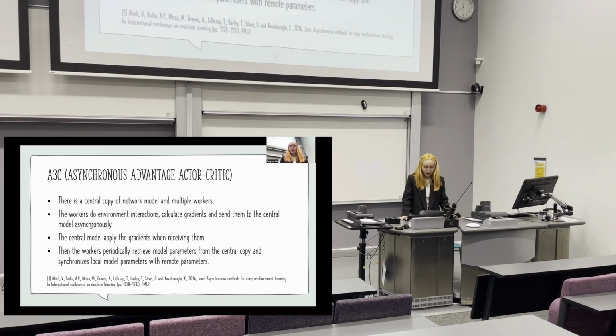It maintains a central copy of the neural network model and multiple workers. The workers do environment interactions, calculate gradients, and send them to the central model asynchronously. The central model applies the gradients when receiving them, then the worker periodically retrieves model parameters from the central copy and synchronizes local model parameters with remote parameters.